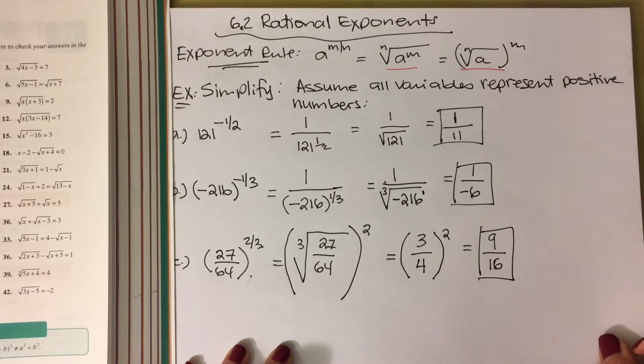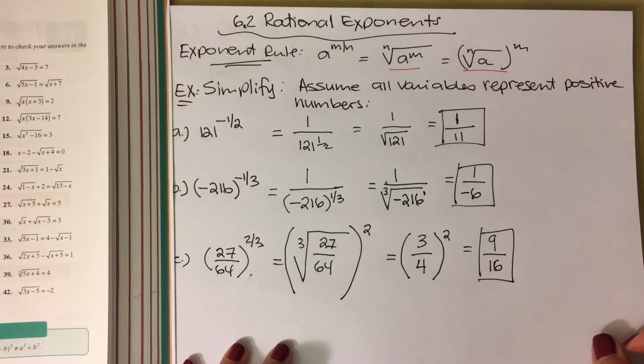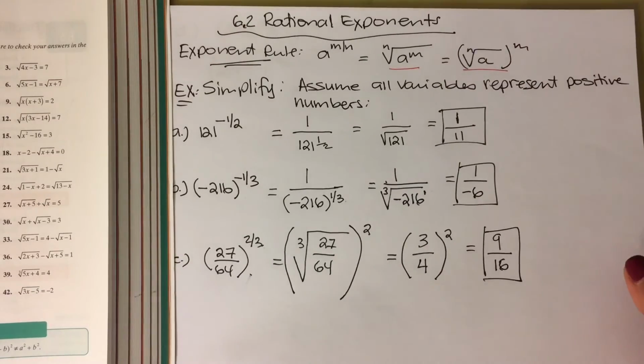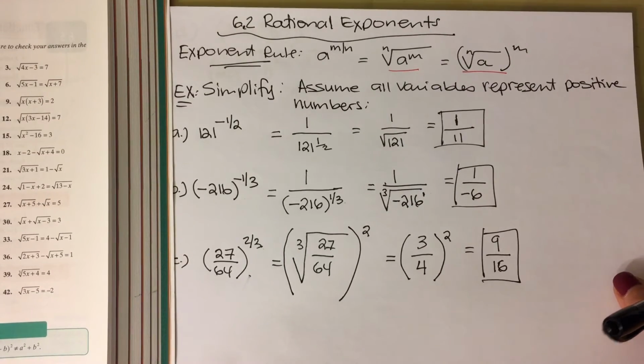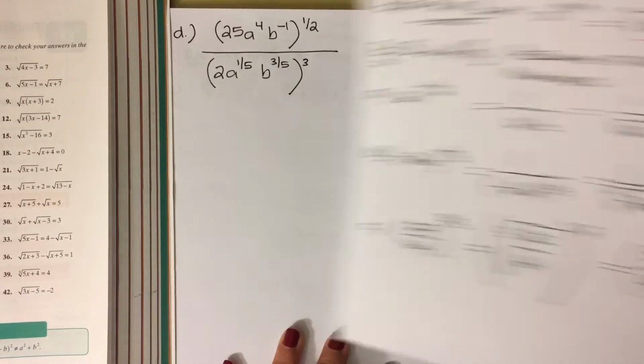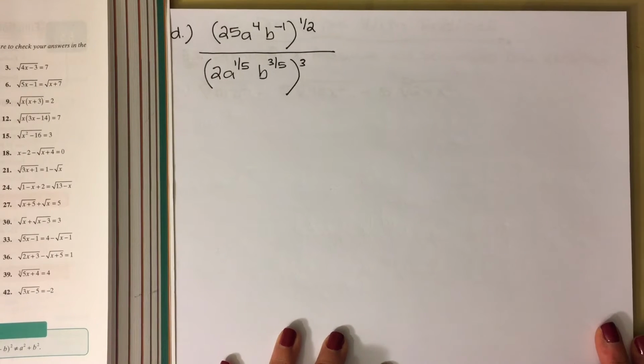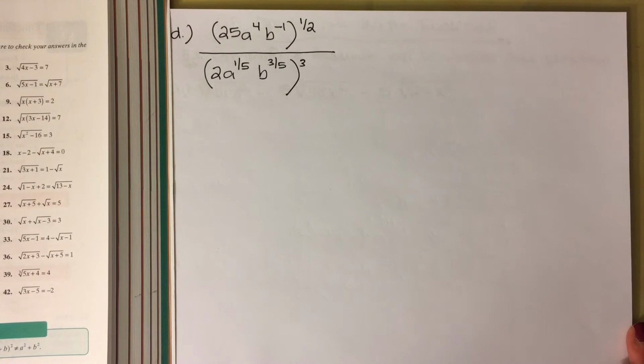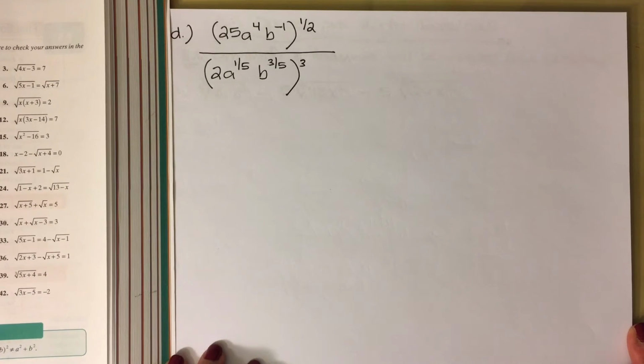Let's take a look at one more example for this section. This is toward the end of the problems in your text. For this last example, we have to remember the exponent rules that we learned in section 6.1. Those exponent rules should be memorized because you need them for your test.